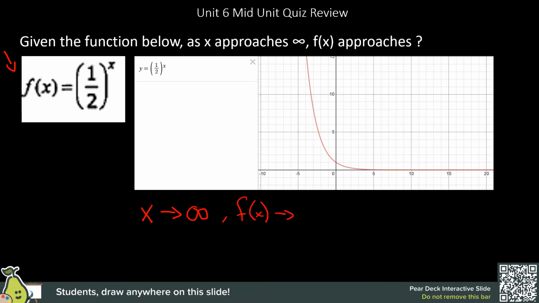Typically, you're either going to go up to infinity or down to negative infinity, but you'll see here we have what we discussed in previous lessons, an asymptote. More importantly, a horizontal asymptote. We're not allowed to pass that line. Now, excuse my drawing, it's not going to be exactly there, but you guys get the idea.